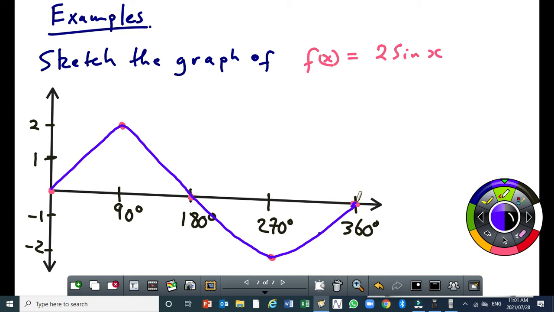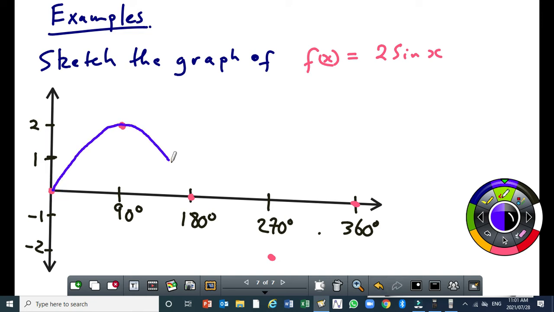It's more like a straight line. So allow me to redo it again. That's better. It's much better. It's not perfect, but the shape is okay. Right.